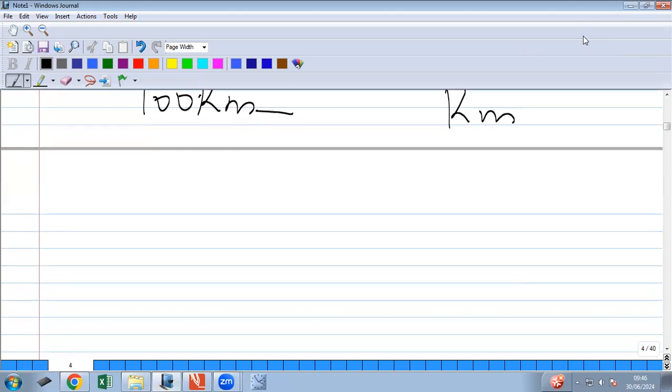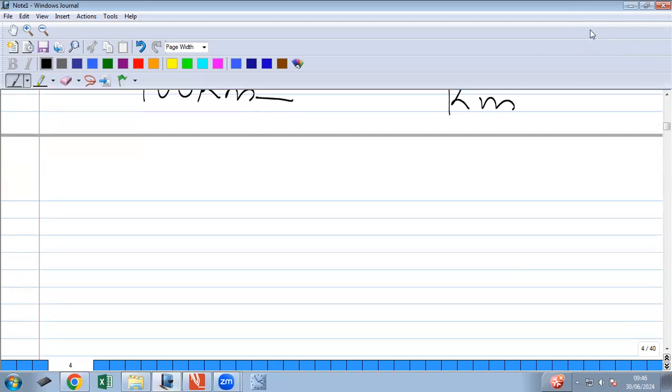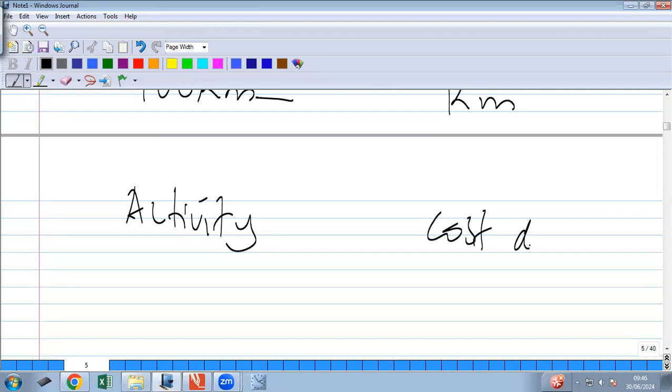So we can say examples of overheads and their cost drivers. We can have an activity here, and we can have a cost driver.